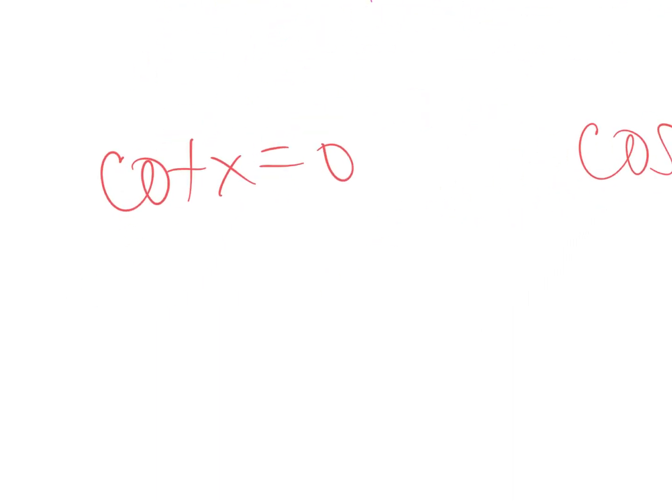So I have cotangent of x equals 0. Well, what does that tell me? Cotangent's what over what? X over y. So you're going to look on the unit circle where when you take the x value, put it over the y, you get 0. Right, over here.